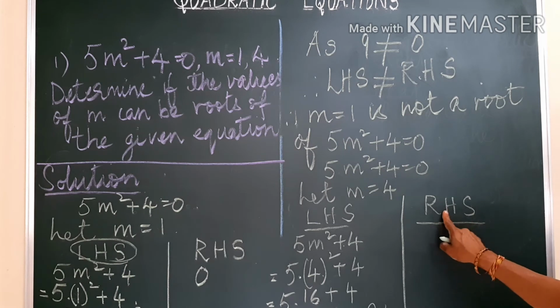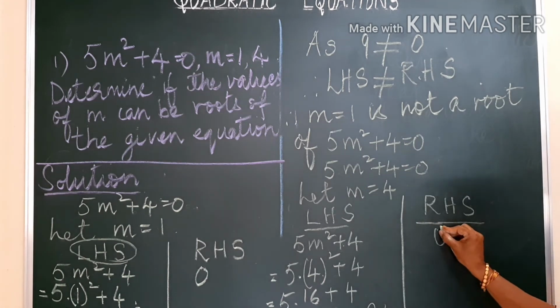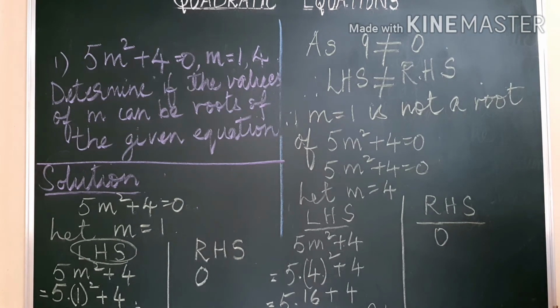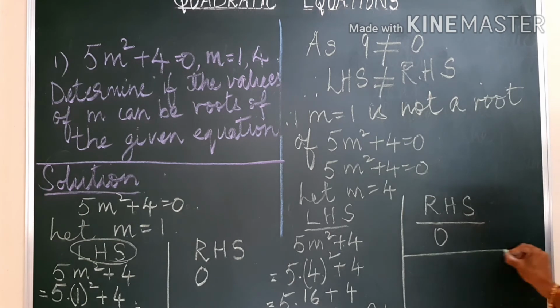Now, children, to your right hand side. What is there on the right hand side? Only a numerical constant, that is 0. Now check your answers on both the sides. One is 84 on the left hand side. The other answer on the right hand side is 0. So are they equal? Are the answers on the left hand side and right hand side equal? Definitely not. So what will we write?